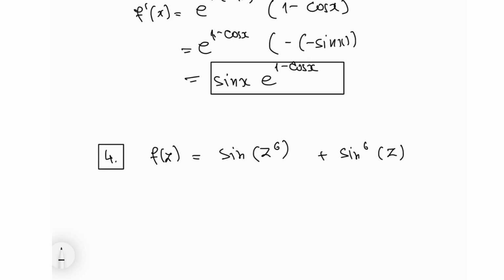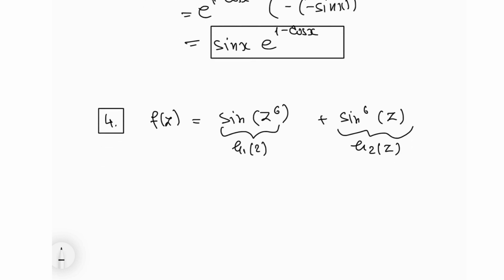Okay. So we have two functions to find the derivative. Let's call this h1 of z and h2 of z. So h1 of z is sine of z to the power 6.